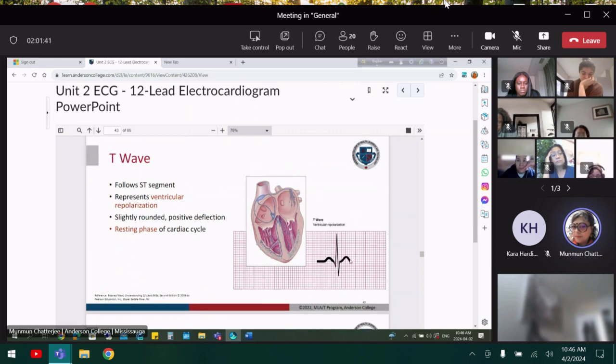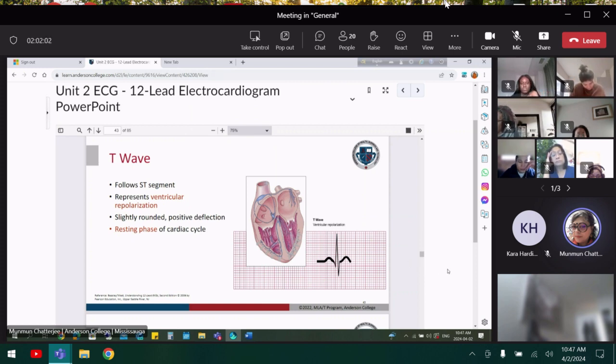For studying and learning it takes hours and hours, but it happens in a couple of seconds, one cardiac cycle. It follows the ST segment, represents ventricular repolarization, is slightly rounded, and has a positive deflection.